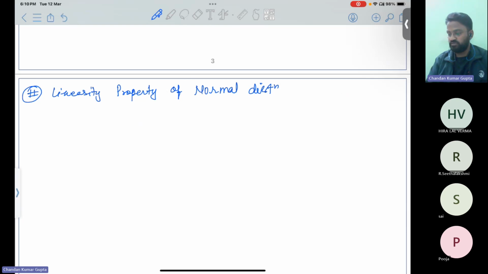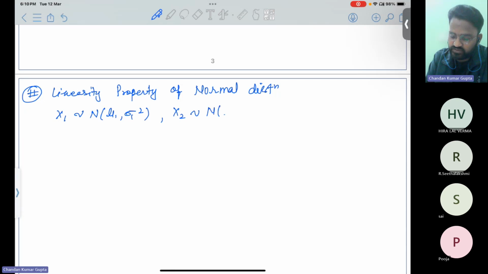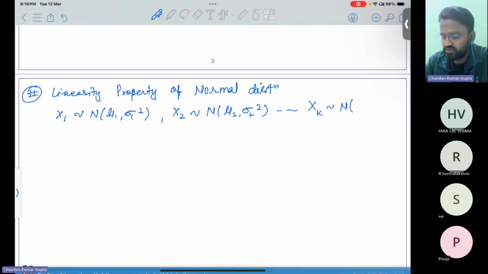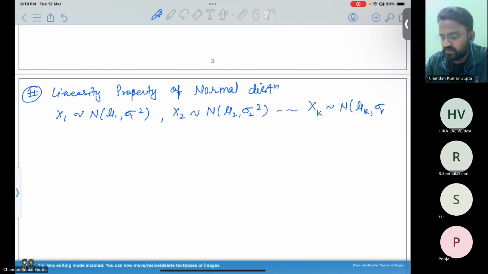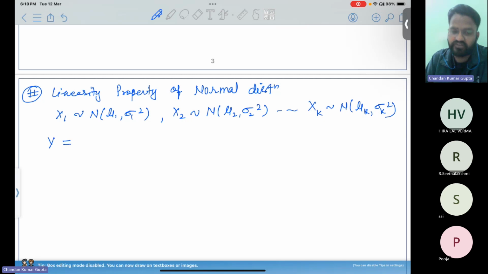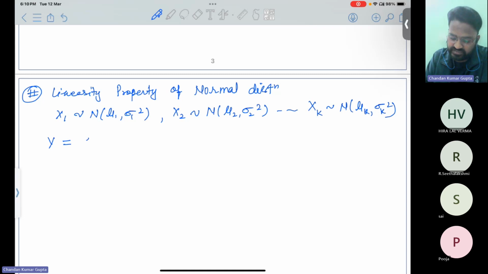Suppose X1 follows normal(mu1, sigma1 square), X2 follows normal(mu2, sigma2 square), and similarly Xk follows normal(muk, sigmak square). Then we define a new random variable Y, which is a linear combination of the X's, that is, the sum of ai Xi plus bi.